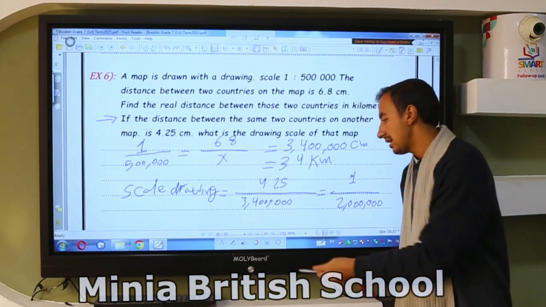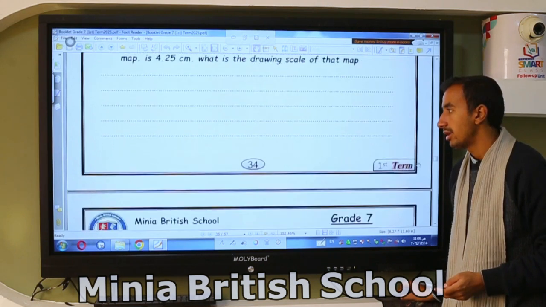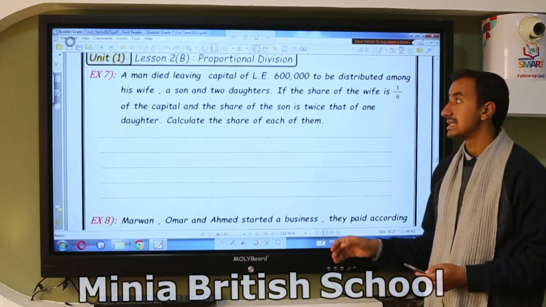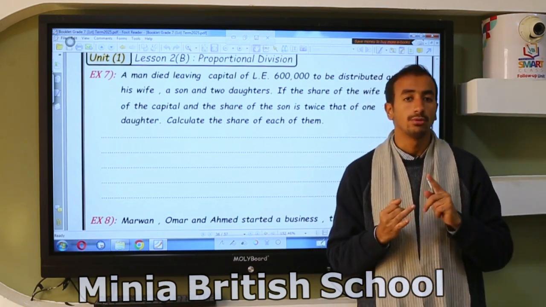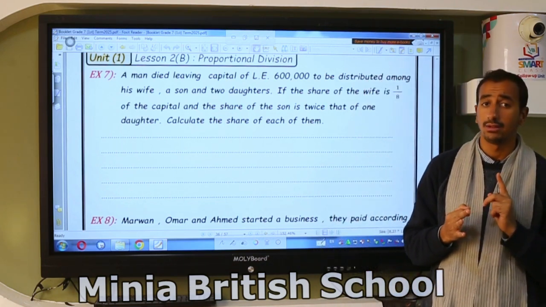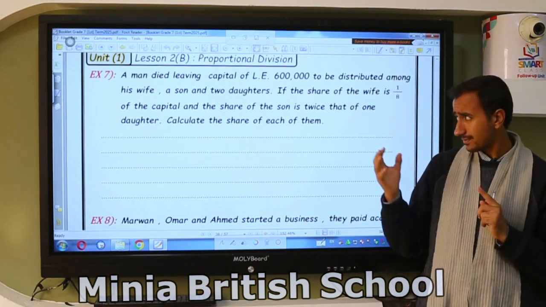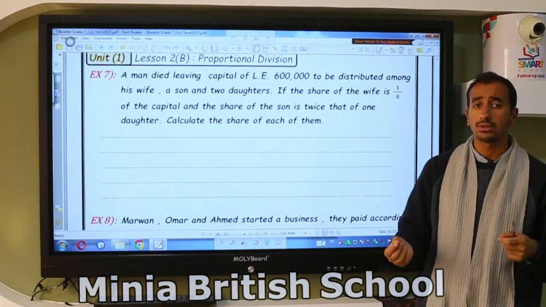Okay, now let's move to the second point, proportional division. These are common exercises from the ministry book, your booklet, in the math session. Here, in your copybook, we wrote about it together.